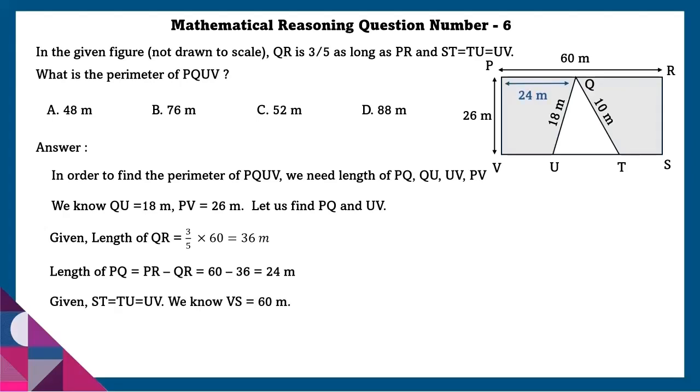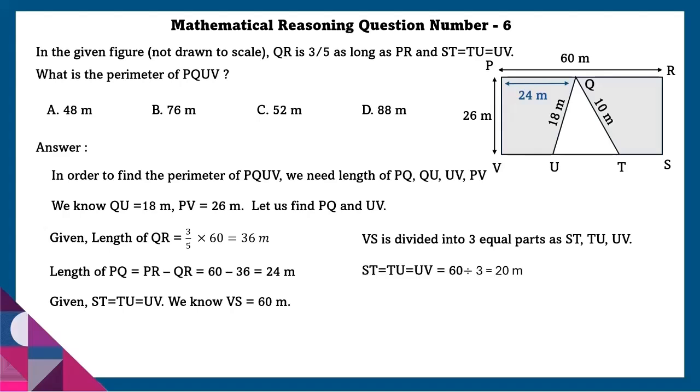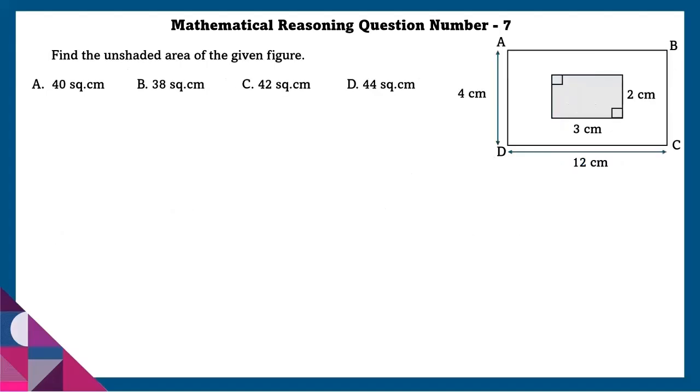We know that the total of this, that is VS, is equal to 60 meters, and this VS is divided into 3 equal parts. So each of the 3 equal parts is 20 meters. Using all these values we just found, we can find the perimeter of PQUV. The perimeter of PQUV is equal to PQ plus UQ plus VU plus PV. So the perimeter of PQUV is equal to 88 meters.